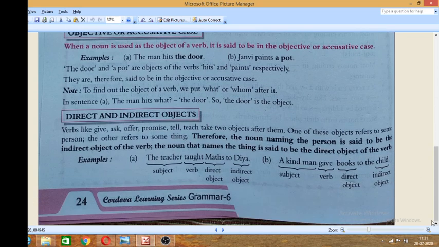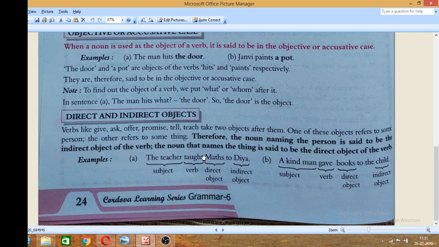I told you when we were discussing objects that there might be one object in a sentence, there might be two objects in a sentence, and the sentence might even be without an object. It is not necessary that there must be an object in a sentence. It depends.